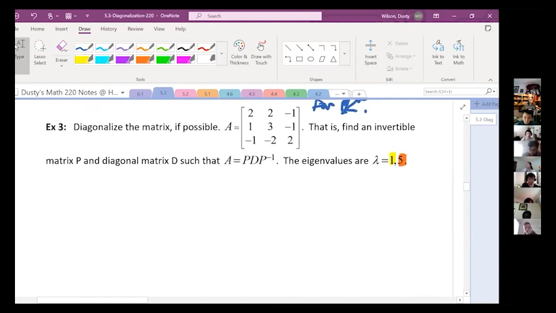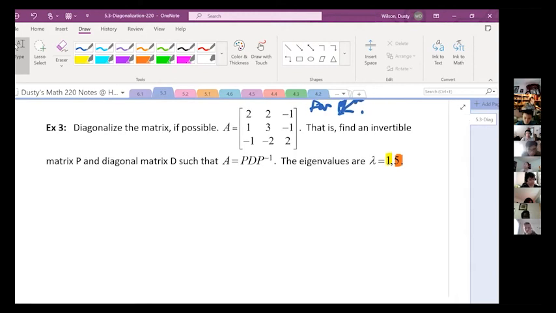So if you want to diagonalize a matrix and you have the eigenvalues, what do we need to find? Exactly. We need the eigenvalues and we need the eigenvectors to make this work. So let's start by focusing on lambda equals 1.